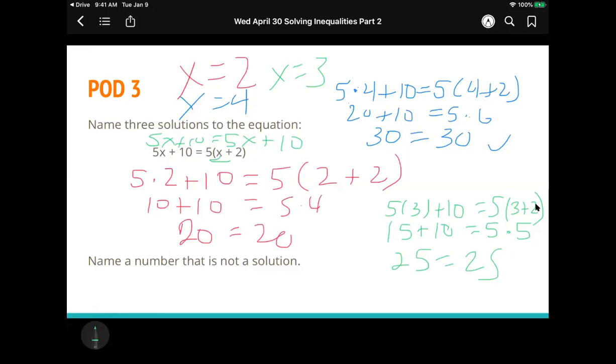And in this case, all numbers make it work. When that happens, we say all real numbers. Name a number that's not a solution. There isn't one. All real numbers will make it work.